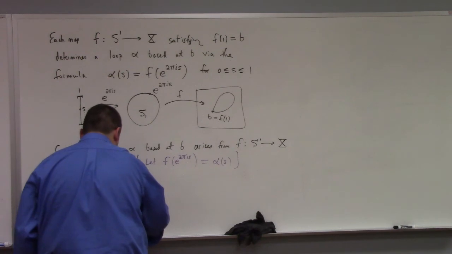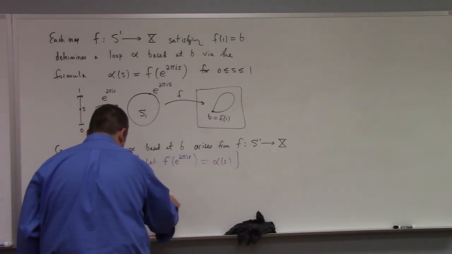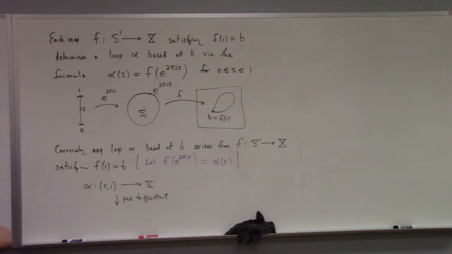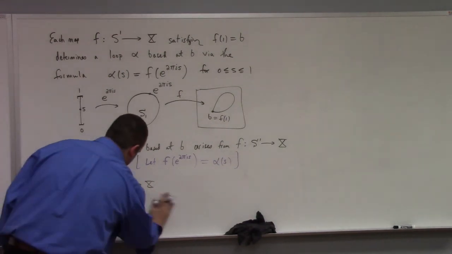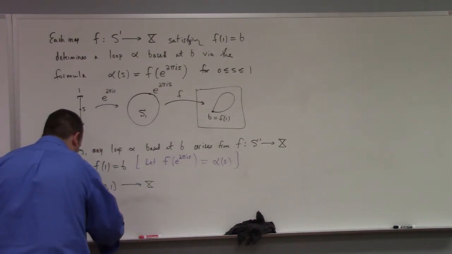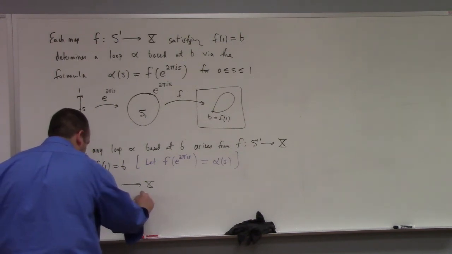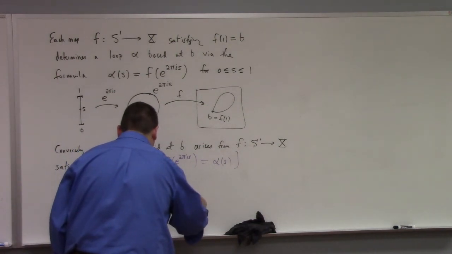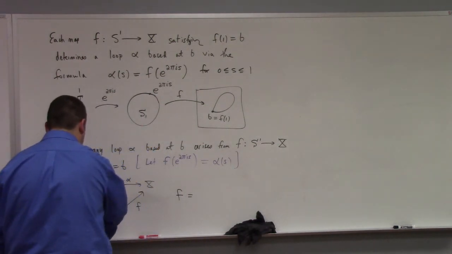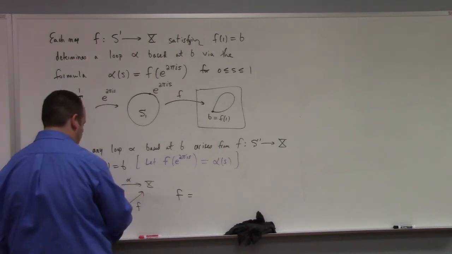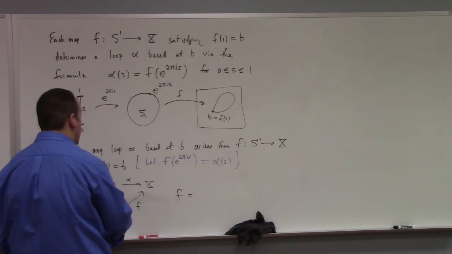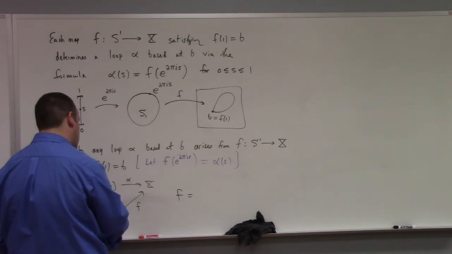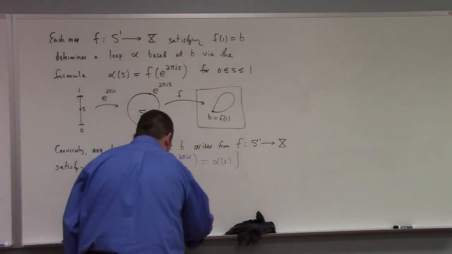So you're suggesting that we look at the quotient map pi, which gives us the circle here, and then f composed with pi is equal to alpha.